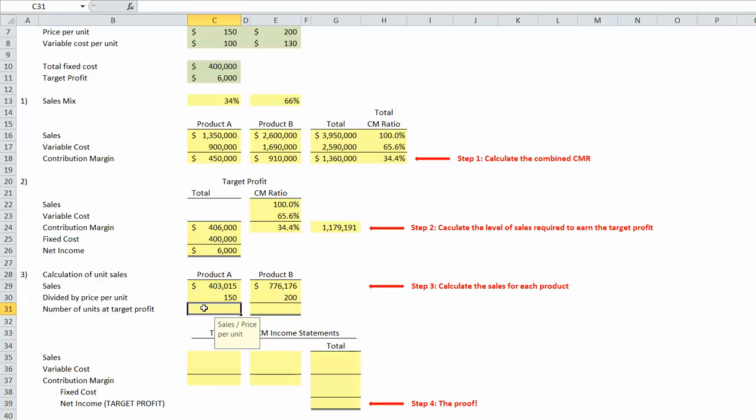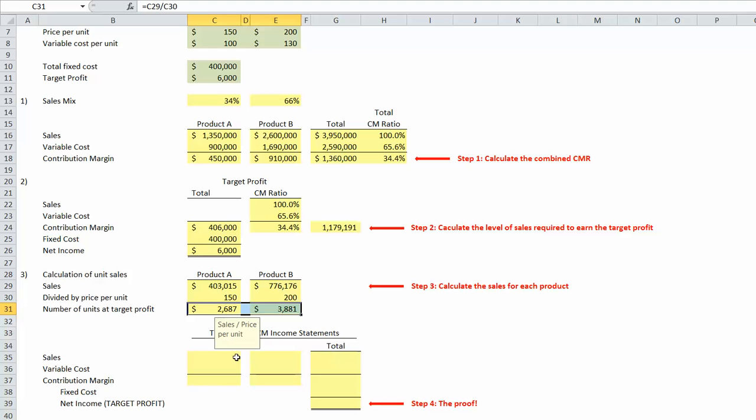So in terms of units, total sales $403,015 divided by $150 per unit, we would need to sell 2,687 units of product A, and we would need to sell 3,881 units of product B. So if we were asked for the break-even level of sales for the individual products, here's our answer. And if we were asked for the break-even number of units to achieve our target profit, this is our answer.